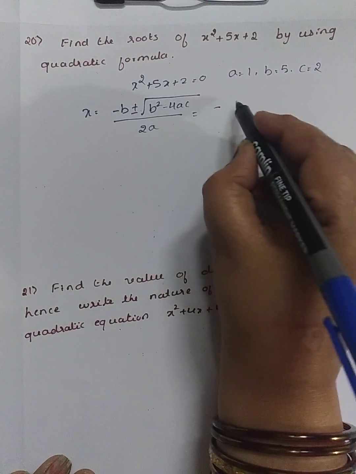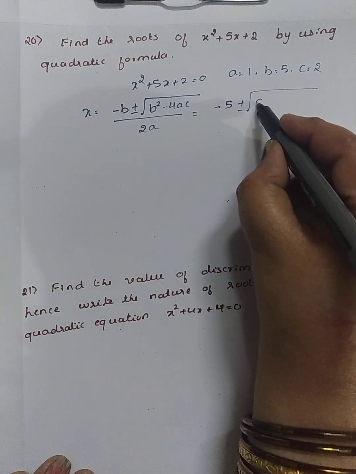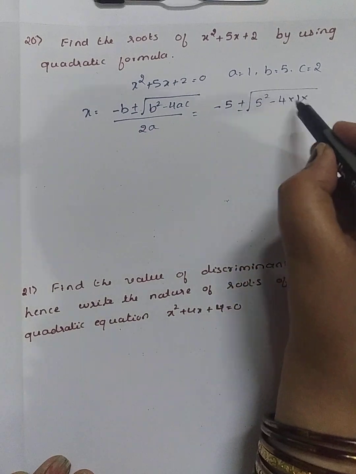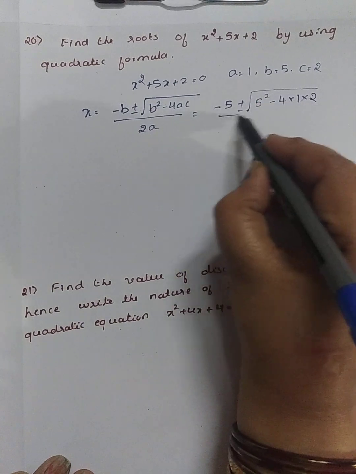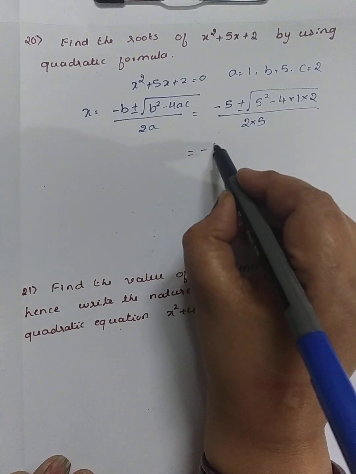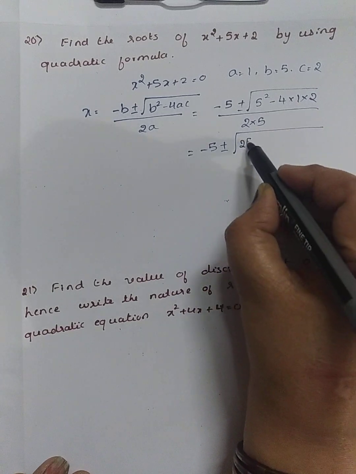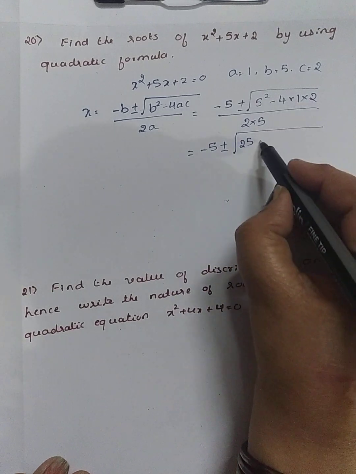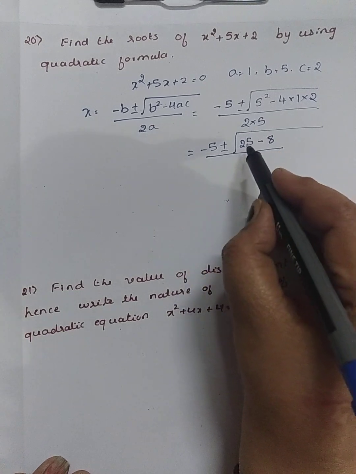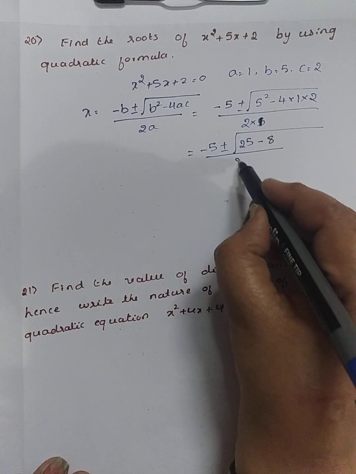That is minus 5 plus or minus b square is 5 square minus 4 into a is 1 and c is 2 divided by 2a, that is 2 into 1, that is 2. Minus 5 plus or minus 5 square is 25 minus 4 into 2 is 8, divided by 2.